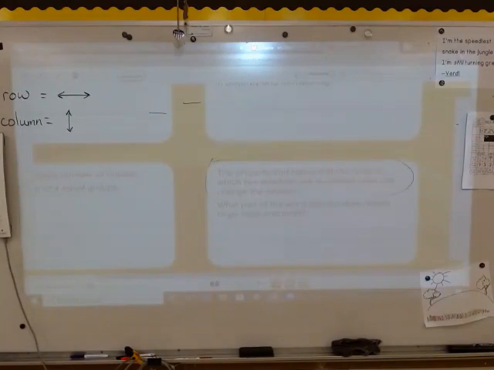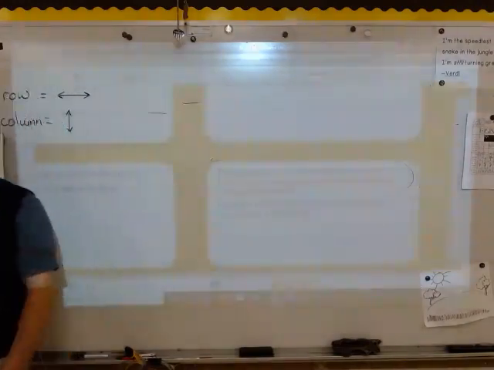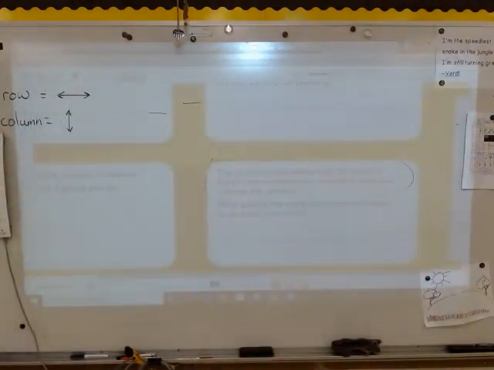It's just now it's multiplying and it's product instead of the sum. If you want to use the word factors instead of numbers, feel free, because it's multiplying, so those would be called factors, wouldn't they?